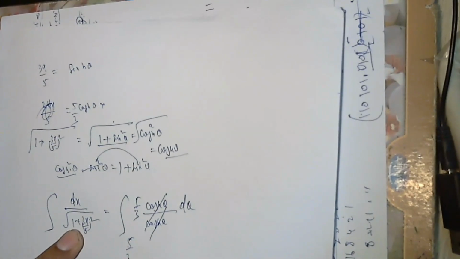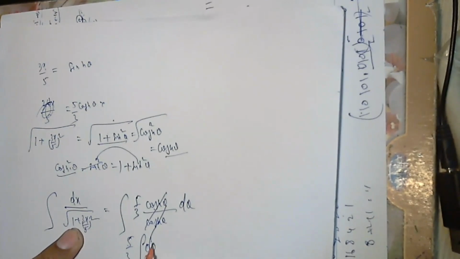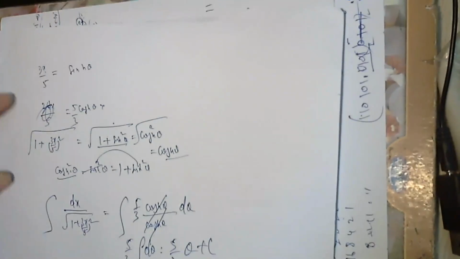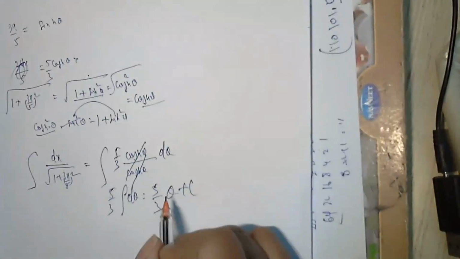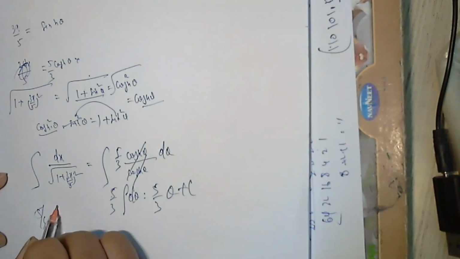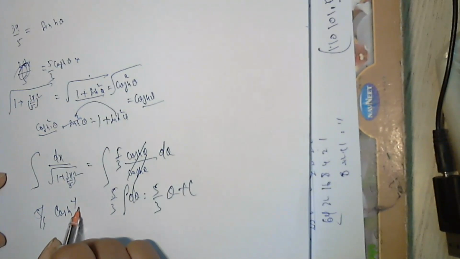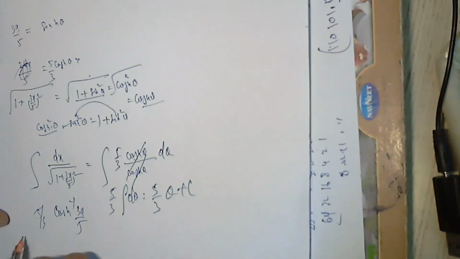So this becomes 5 by 3 integral d theta, 5 by 3 theta. So theta we know, theta is cos h inverse 3x by 5. So the same thing has been given as a formula.